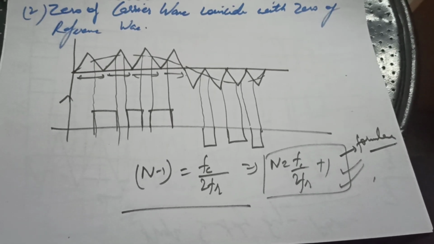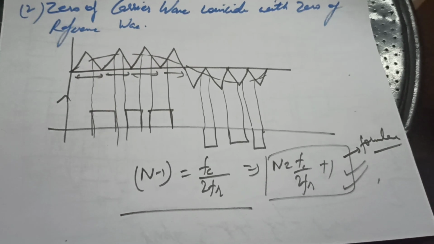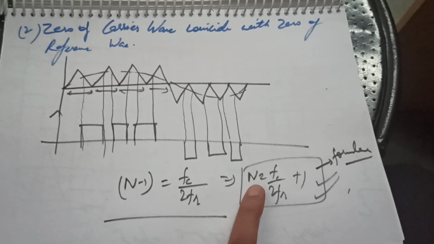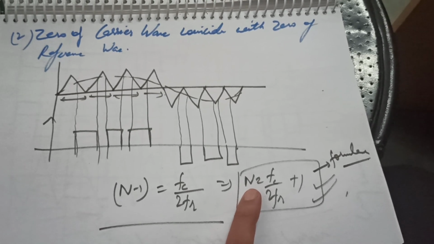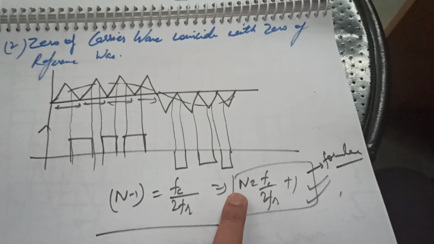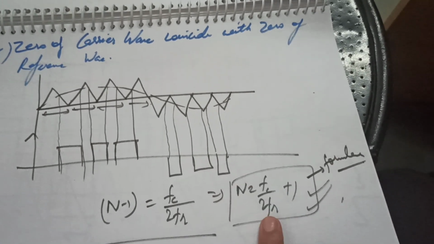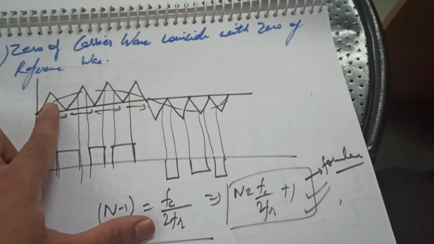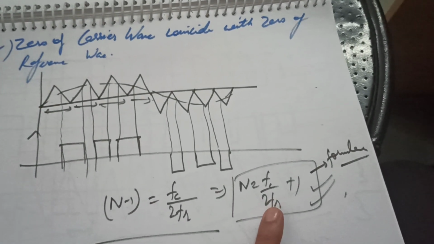It means that n is referring to the number of pulses. Are you getting it? It means that if you are simply equating Fc by 2Fr, then for this mode the number of n will be 1 greater than that. Clear?